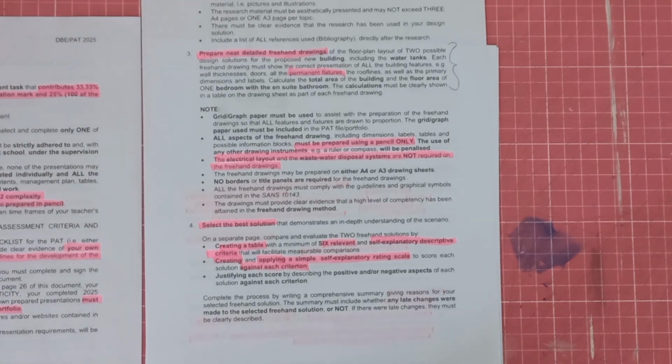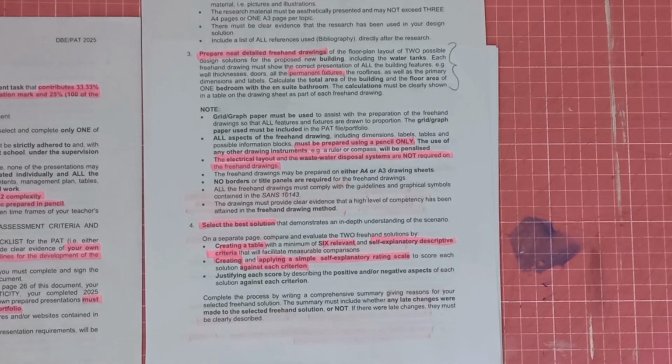If you're going to be comparing the layouts, you need to have a score to weigh it up against, and you need to explain how your score goes, because you can't say, for instance, 1 out of 10, but we don't know if 1 out of 10 means good or bad. You're going to have to tell us on a simple rating scale.